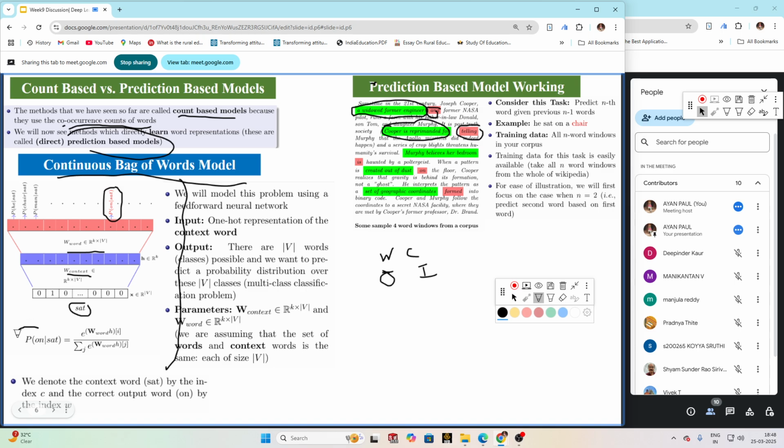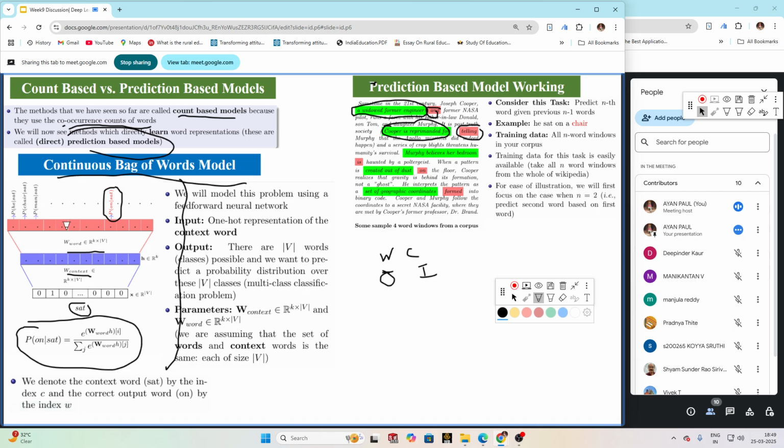One is the output function, as this is a classification problem with so many classes. What is the probability that he will come provided sat is there? That chair will come? That man will come? So the classes are he, chair, man, on, etc. And the input is sat.